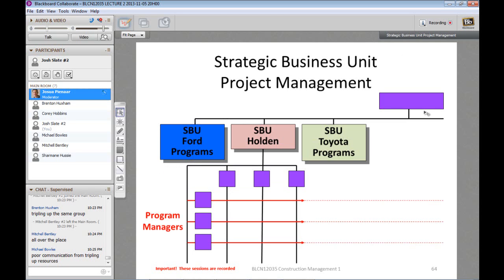Let's have a quick look at some other alternatives. There's our strategic business unit. These are not typically found in terms of construction, right? But you can see there's different ways of looking at it. I used to work for a large construction company in South Africa, which is now defunct, Concor Holdings, and they allowed each of the projects to become small business units.